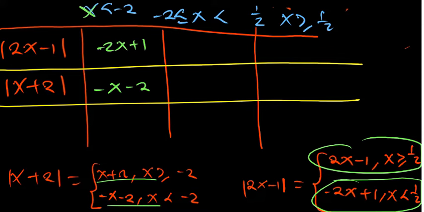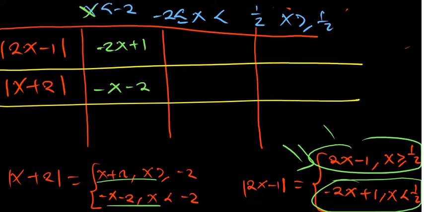I'll go back to this. From my first function which I've just redefined, which one is telling me that x should be greater than or equal to negative 2, but at the same time x should be less than half? Is it the first one or the second one?